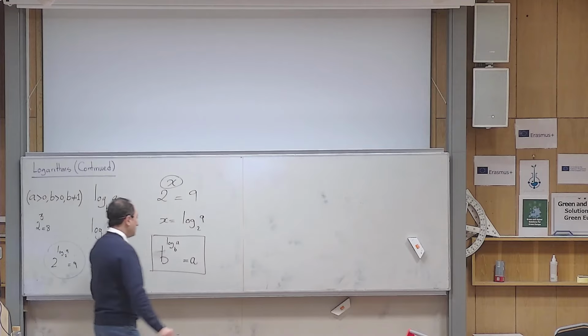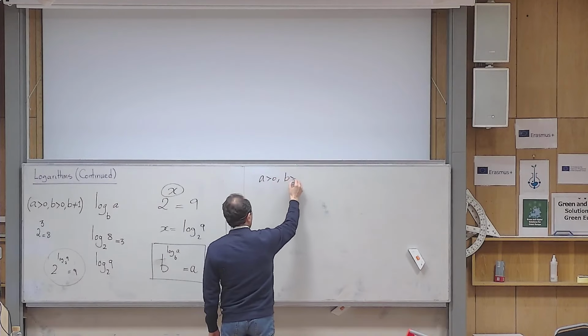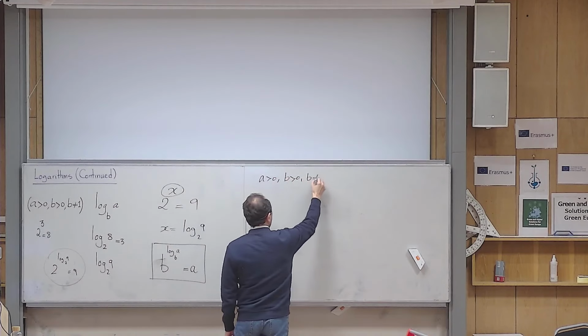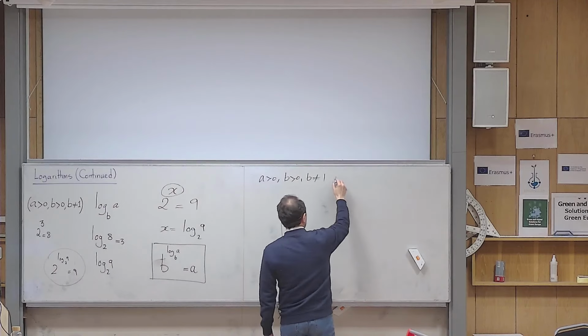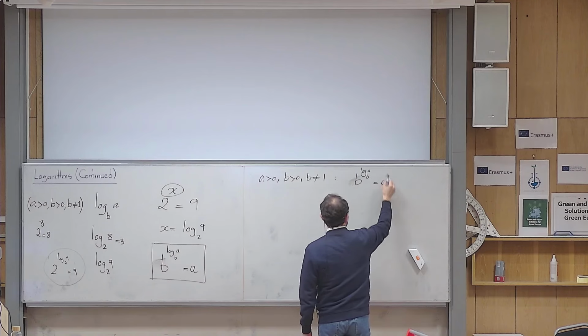Okay? So if a is positive and b is positive and b is not equal to 1, then I can write b to the power of logarithm of a to the base b. The answer is simply a.